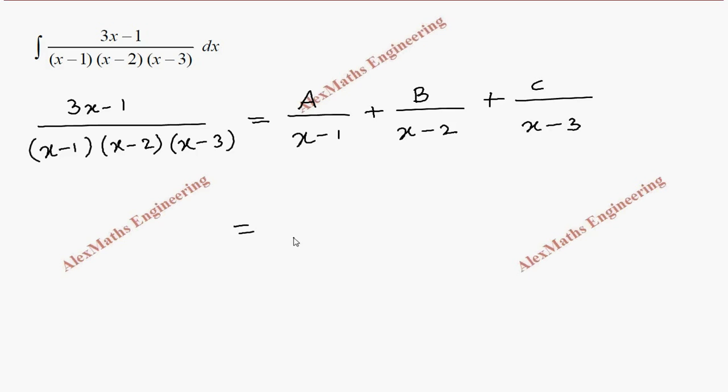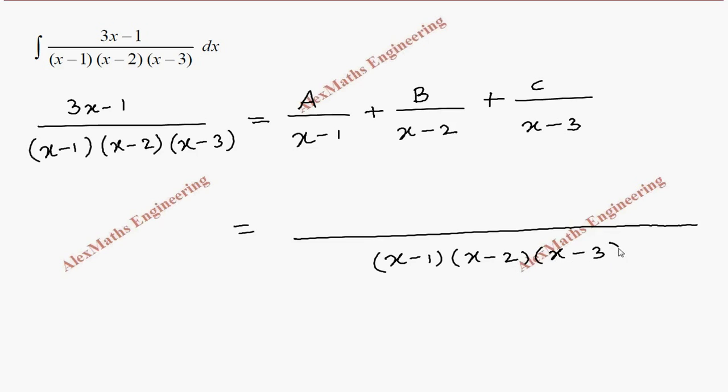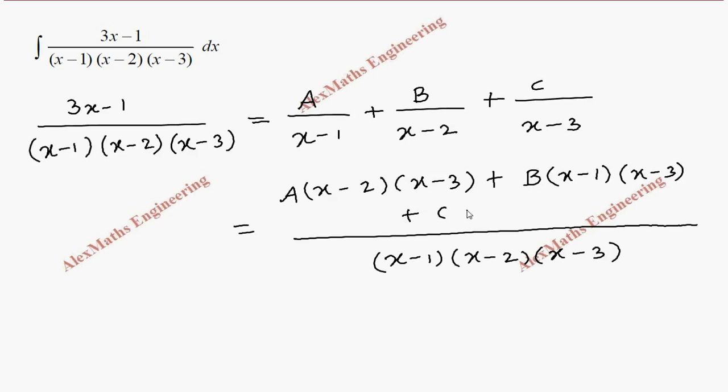We are going to take the LCM here. The LCM is nothing but the product of all three factors, x minus 1, x minus 2, x minus 3. Now a will be multiplied with these two, that is a into x minus 2 into x minus 3, plus with b we multiply x minus 1 and x minus 3, so b into x minus 1 into x minus 3, plus c into x minus 1 into x minus 2.